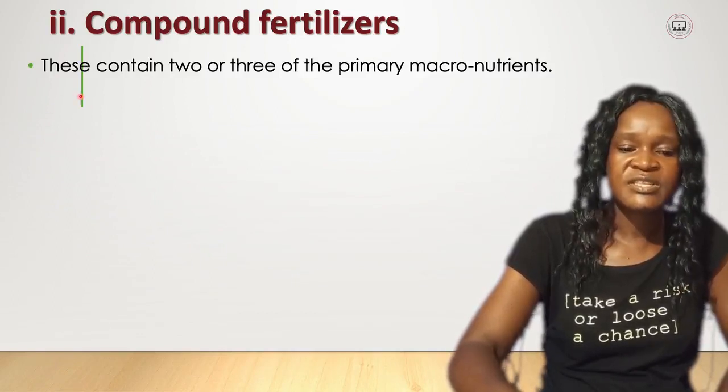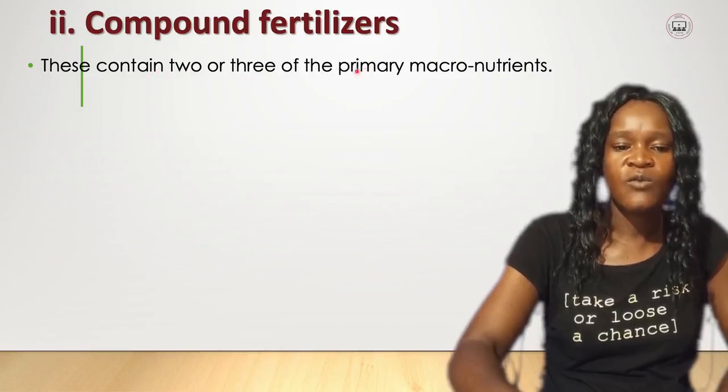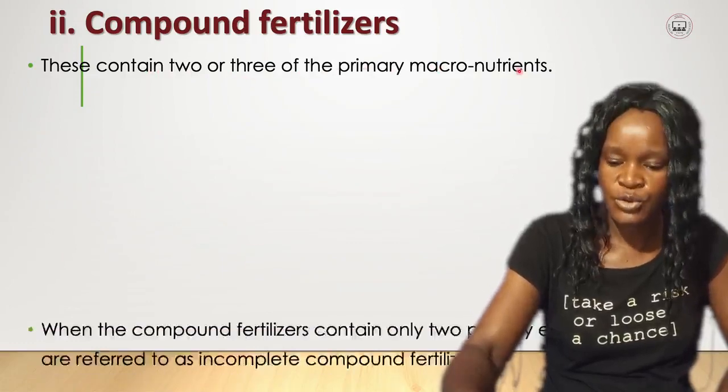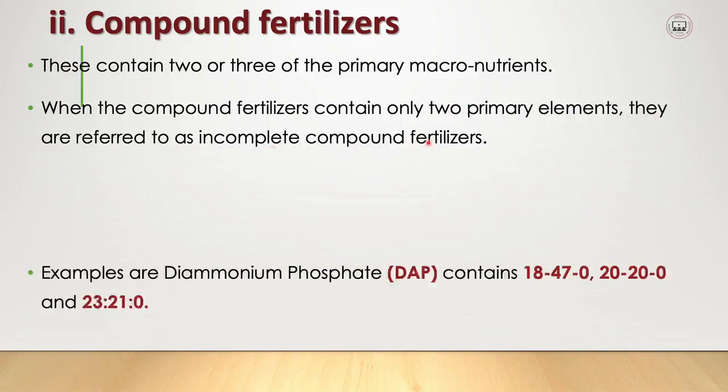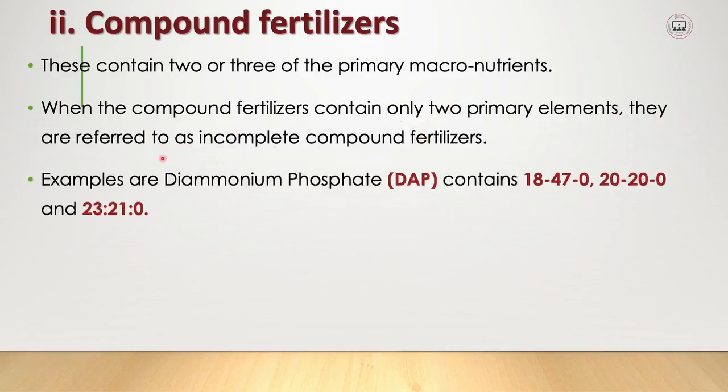So in short, compound fertilizers contain 2 or 3 of the primary macronutrients. When the compound fertilizers contain only 2 primary elements, they are referred to as incomplete compound fertilizers. But those which contain all 3 are regarded as complete.